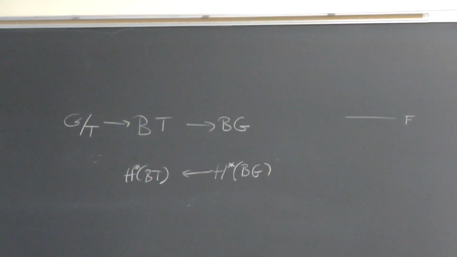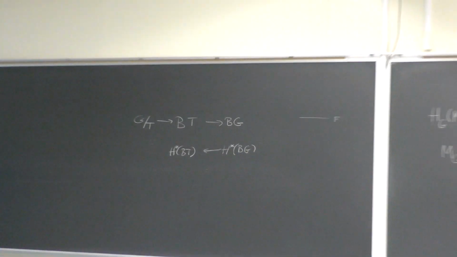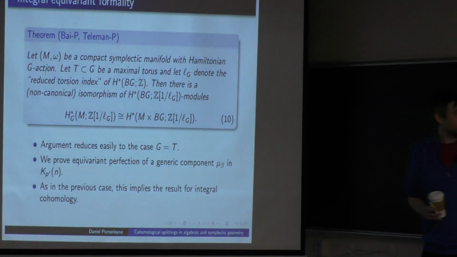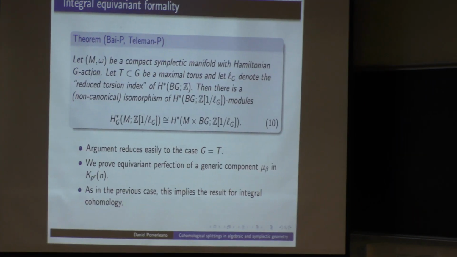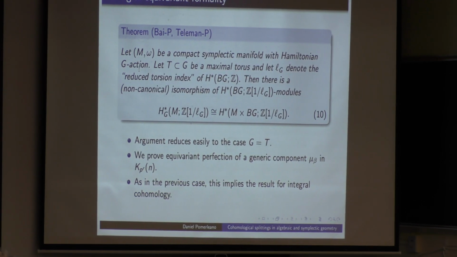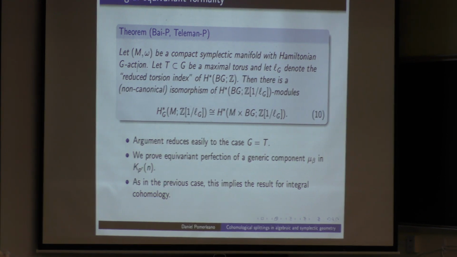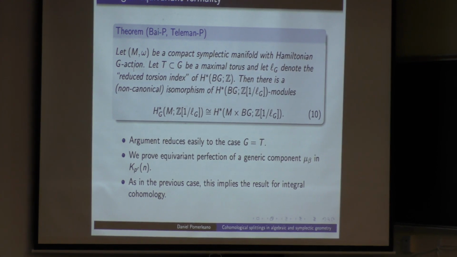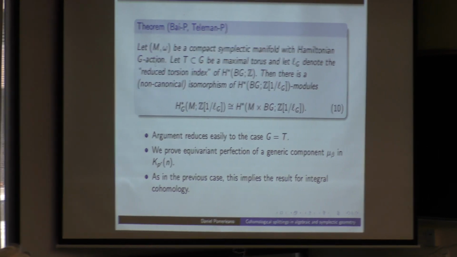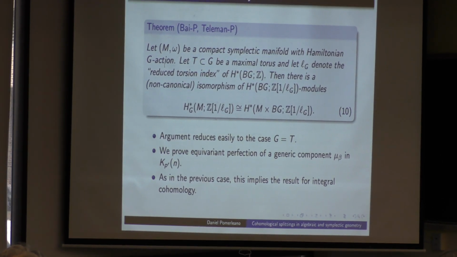But if you invert those torsion primes, the product of all the torsion primes in this cohomology, which is called the reduced torsion index, then this map becomes injective, and we can prove that the result holds there. So that's the general theorem: if you eliminate obvious obstructions, then the result holds for general G.